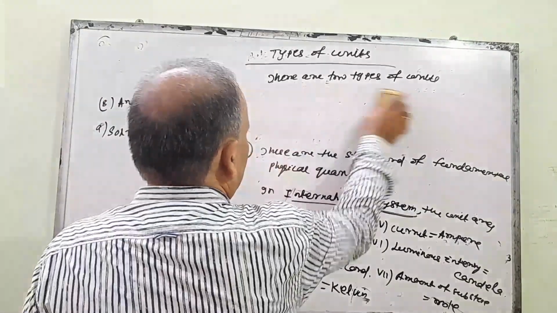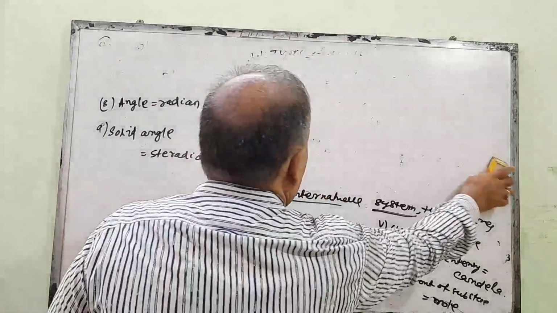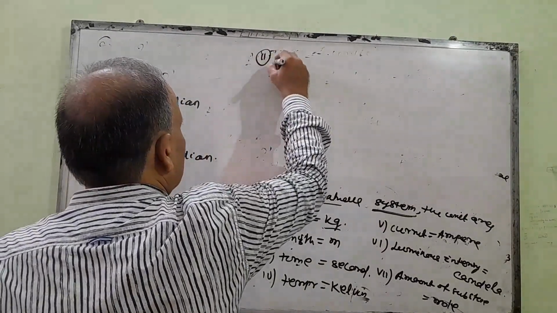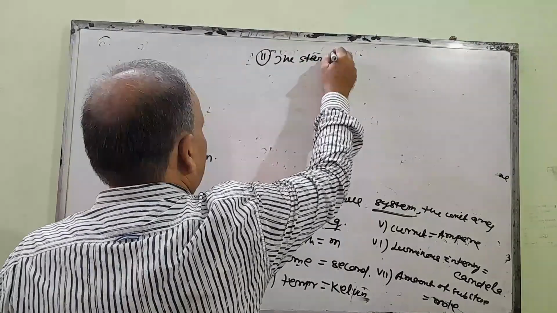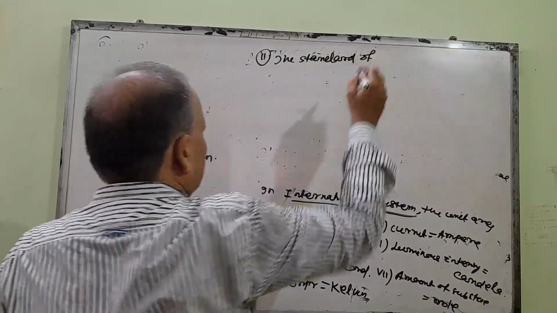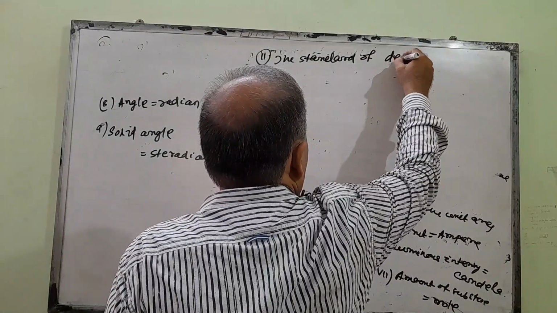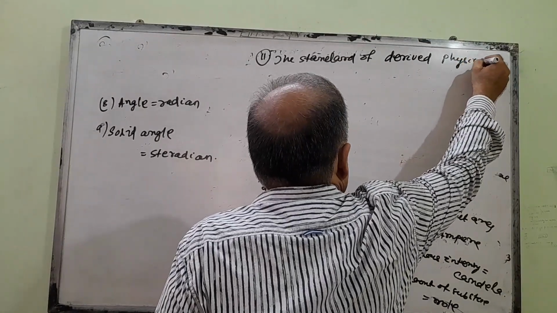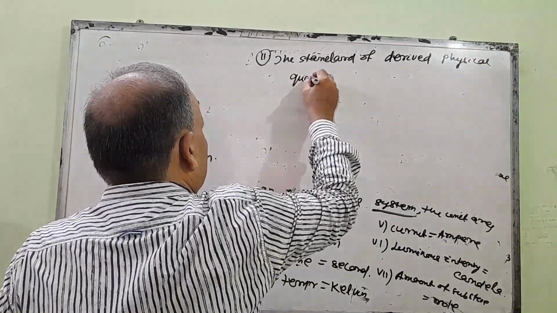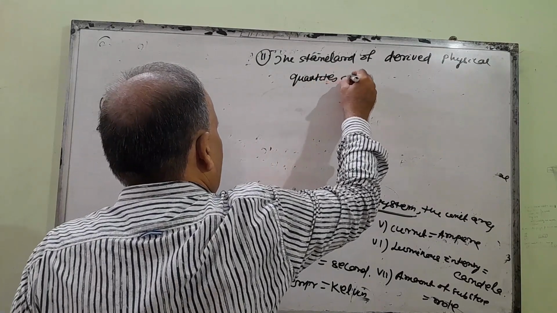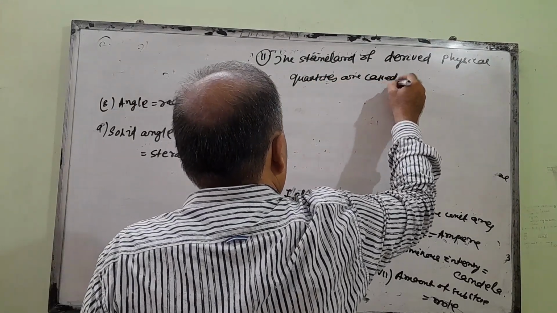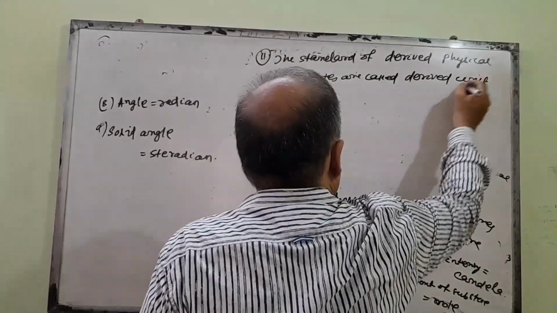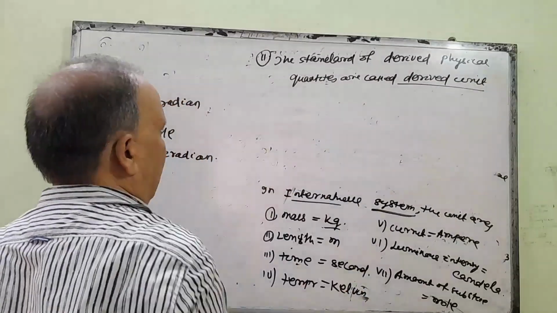Next come to your derived physical quantities. The standards of derived physical quantities are called derived units. This is the fundamental, this is the derived.